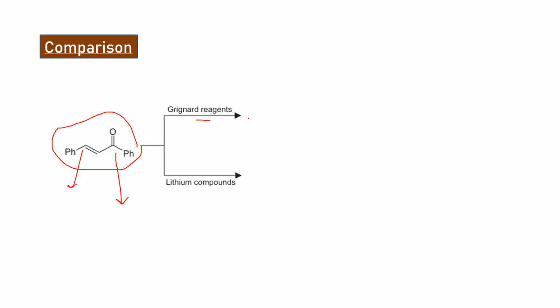In the case of Grignard reagent, it specifically reacts with this beta carbon, giving us this as our product.